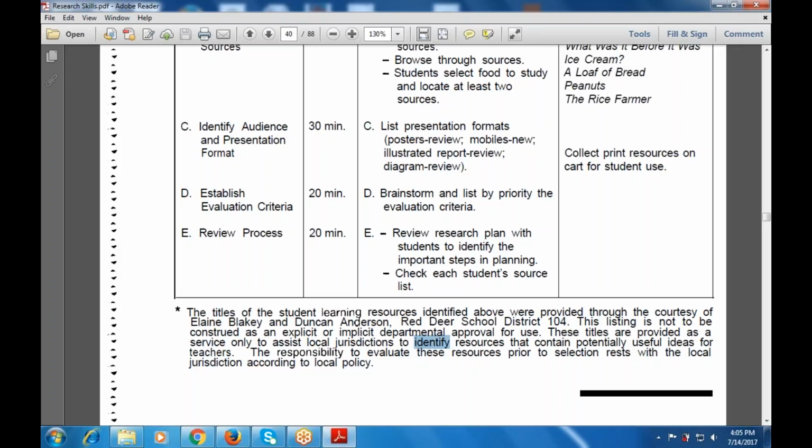The criteria taken out are used to evaluate these resources prior to selection, with the local jurisdiction according to the local policy.